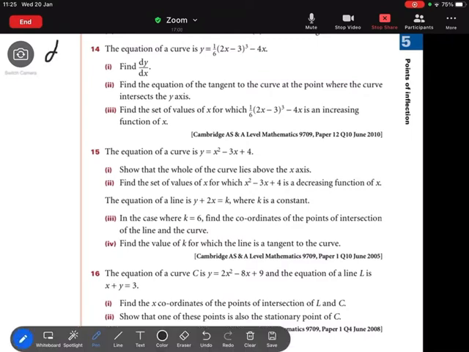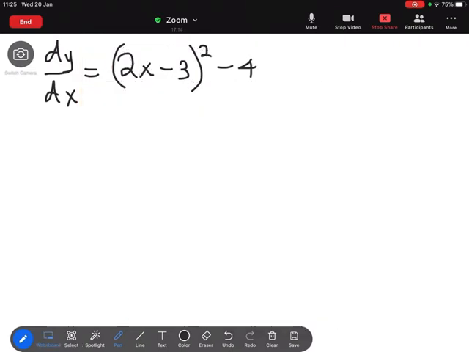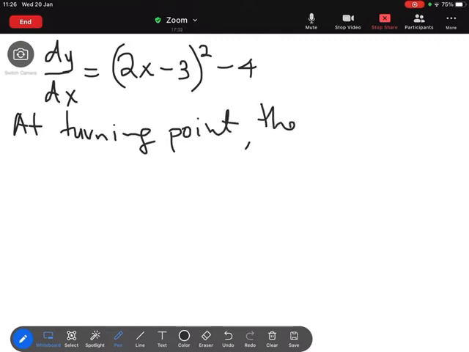Remember, we had found our dy/dx to be 2(2x minus 3) squared minus 4. Why do we need our dy/dx? Because we need to find the value of x at the turning point. And remember, at the turning point, the gradient is 0.